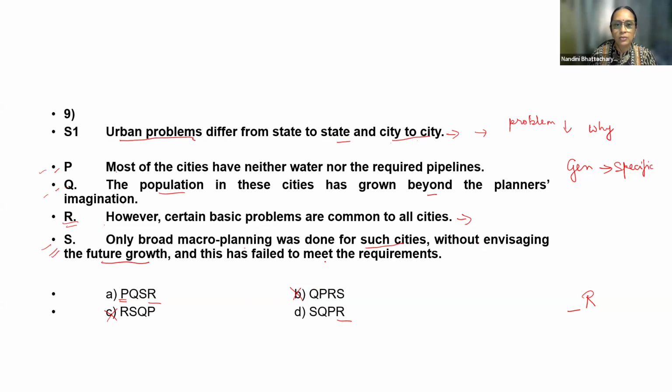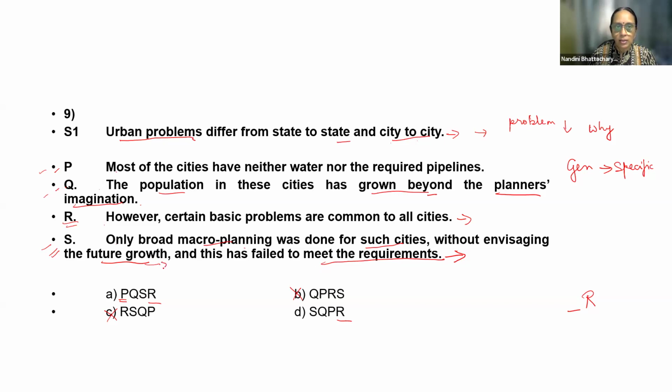And this has failed to meet the requirements. Now, if you look at this sentence and if you look at Q, the population in these cities has grown beyond planners' imagination. Here we are talking about planners' imagination. It has grown beyond. While S is talking about macro planning was done, but it did not take into account the future growth.